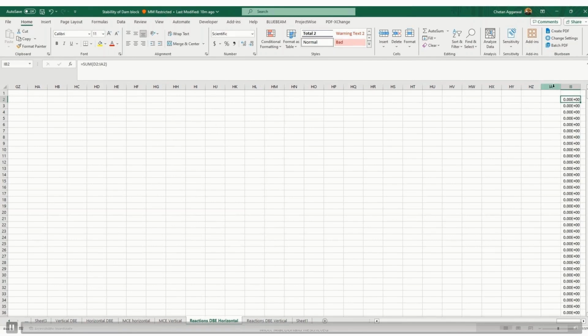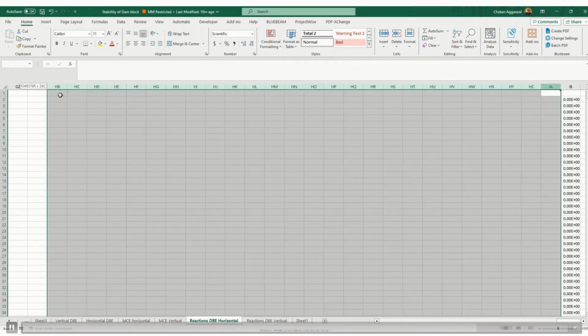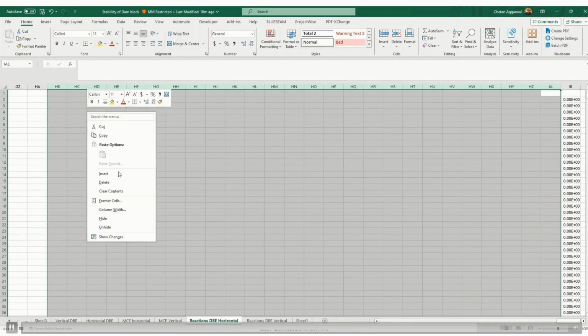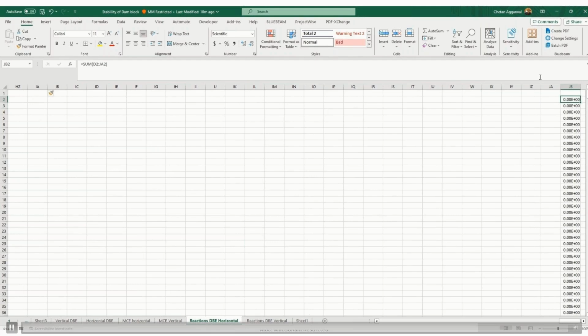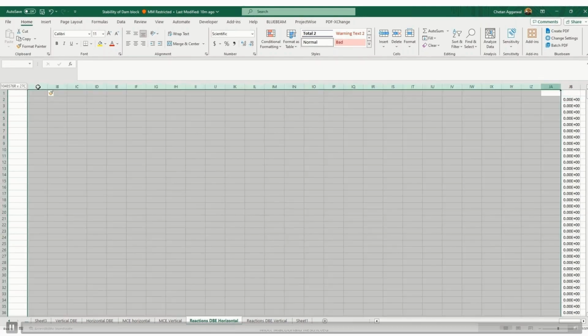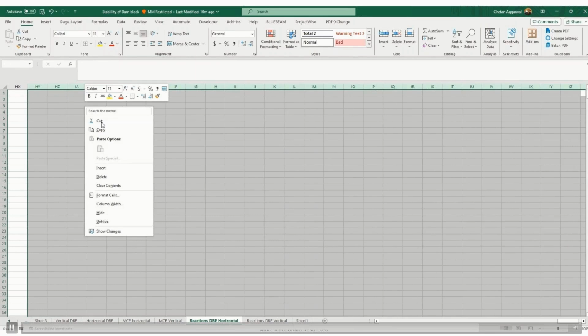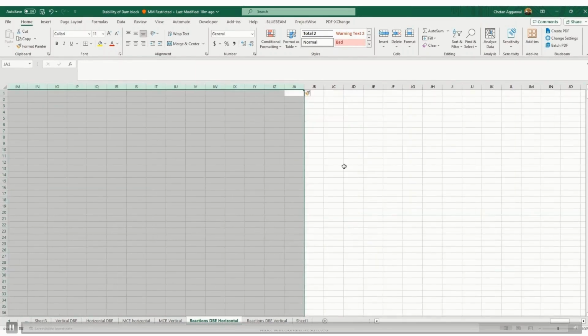Probably I can include a few lines here, insert a few columns here, so my data can be more. All these curves are linked with this sum total, so I don't want to do it again. That's why I want to manage my data within these cells behind the sum total.